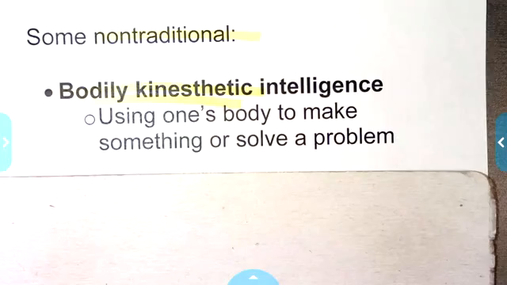If you're going to be on the wrestling team in college, you need to know all the different moves that can be made, what kind of counter moves to make, how to get out of a specific position that you find yourself in. If you're good at picking up those kinds of skills, then you score high on bodily kinesthetic intelligence. Use one's body to make something or solve a problem.